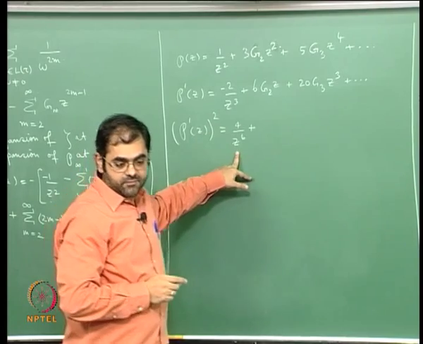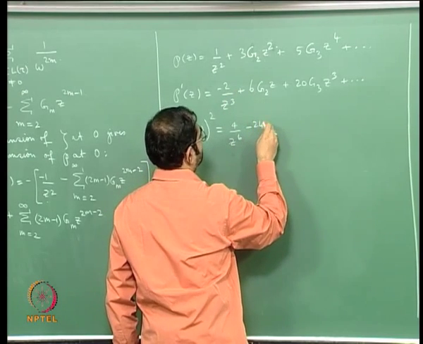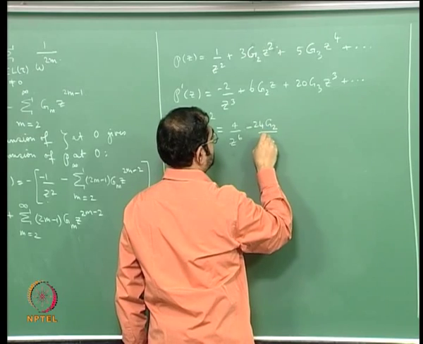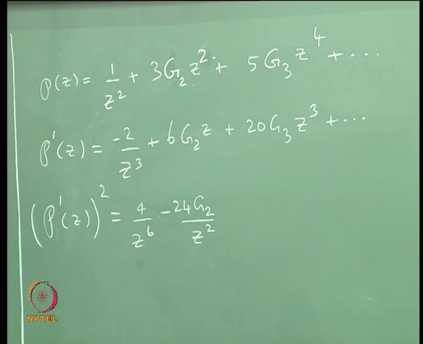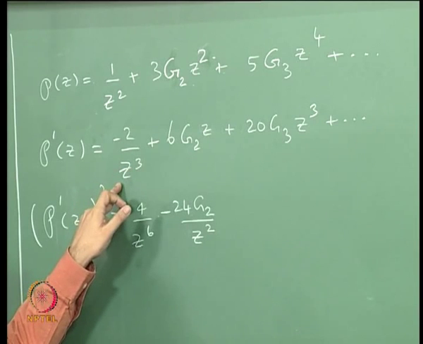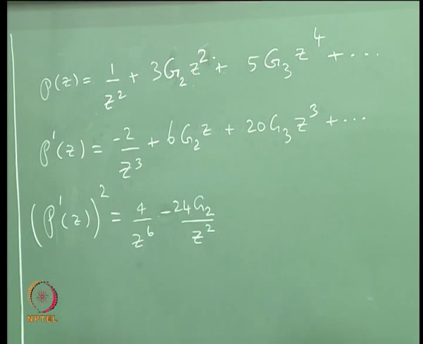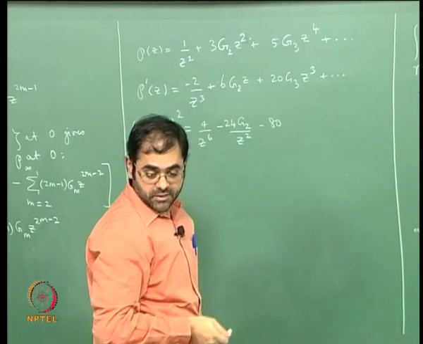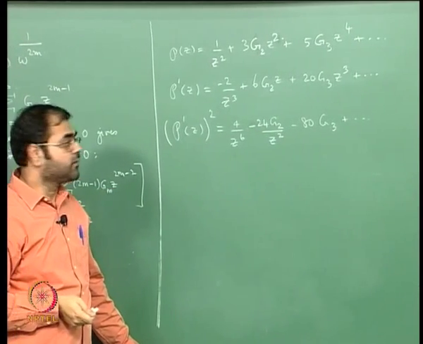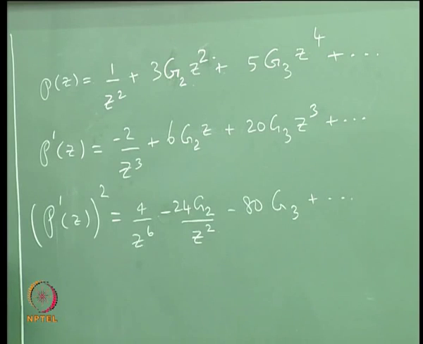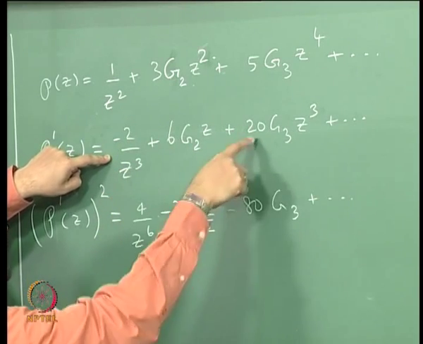So I will get 4 by z power 6 and then I will get minus 24 g2 by z squared, okay, I think it will be, yeah, z squared, that is a product of these two terms multiplied by 2, and then I will also get minus 80 g3 and then I will get the higher powers of z and so on, and of course this term is by taking the product of these two terms in the square and then multiplying by 2, so I get this, alright.